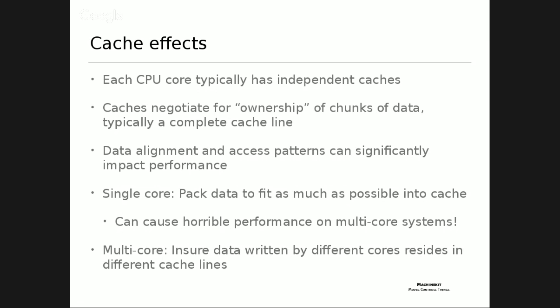And obviously data in the cache you can access faster than anything out in memory. If, however, you have multiple cores, that can cause horrific performance problems as the cores fight over who owns the cache lines. You're much better off spreading the data structures out so that what one process is rapidly accessing is not in the same cache line as anything another process is trying to rapidly access.